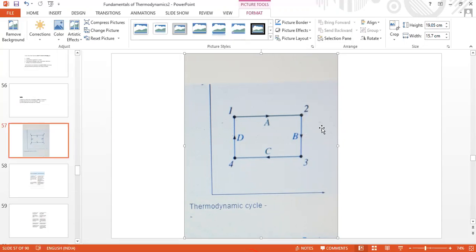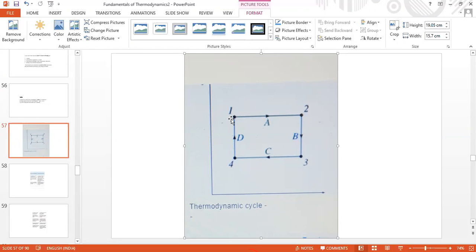So the integral PdV on the process 2 to 3, integrated from 2 to 3, has p multiplied by the derivative of volume, and because volume is constant, the derivative of volume is 0. So therefore, integral PdV on this constant volume line is 0.